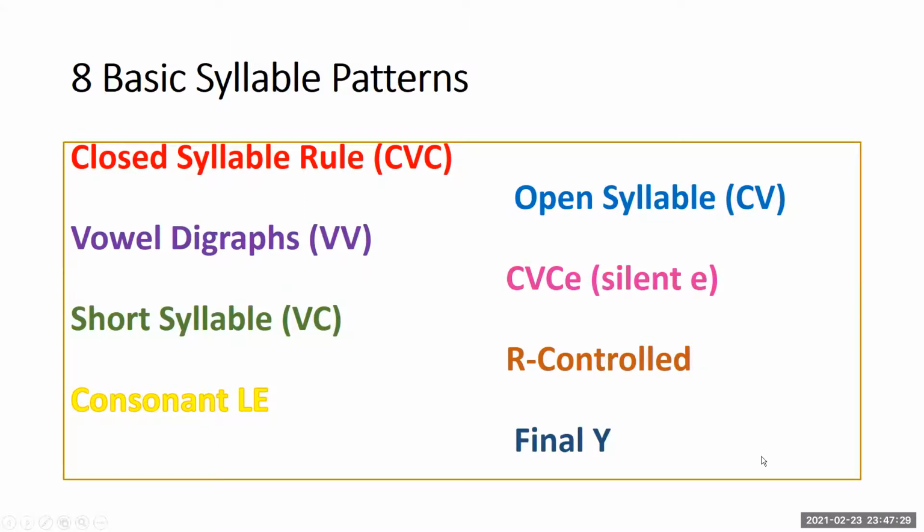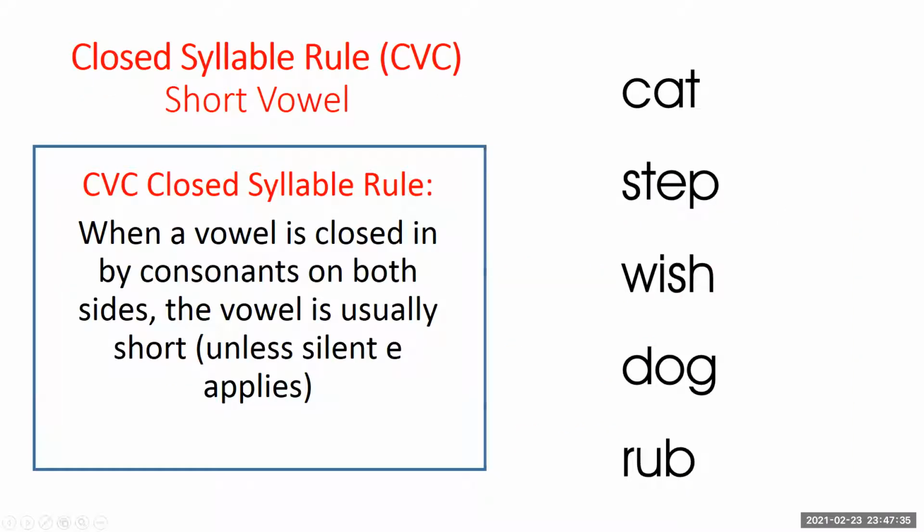All right, so now we are going to look at our 8 basic syllable patterns. The closed syllable rule, or the CVC, short vowel syllable. When a vowel is closed in by consonants on both sides, the vowel is usually short unless silent E applies.